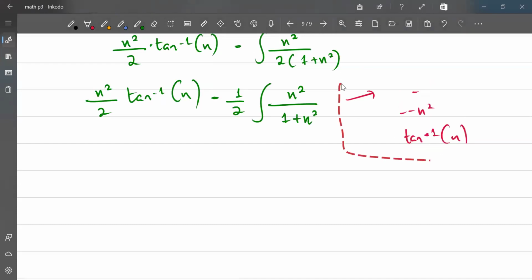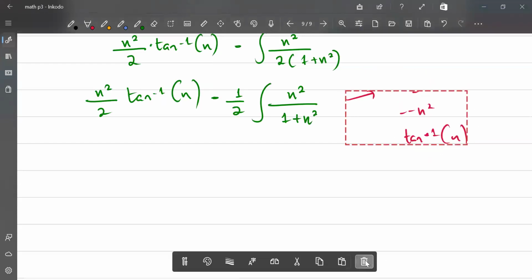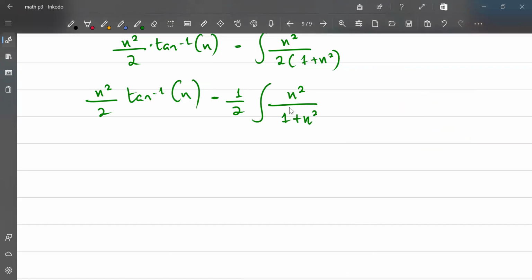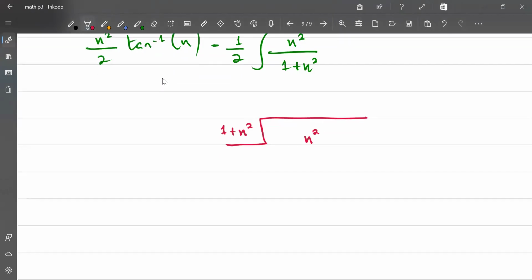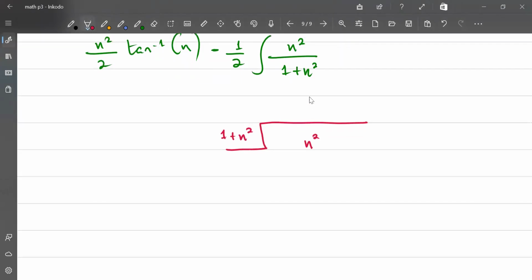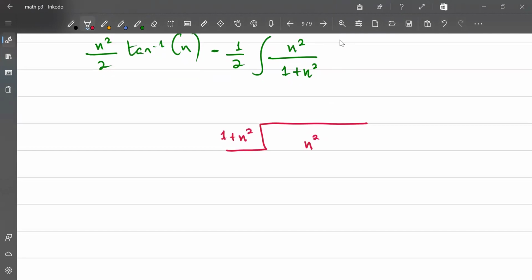So what we are going to do is divide x square by 1 plus x square, because notice that they both have the same powers.